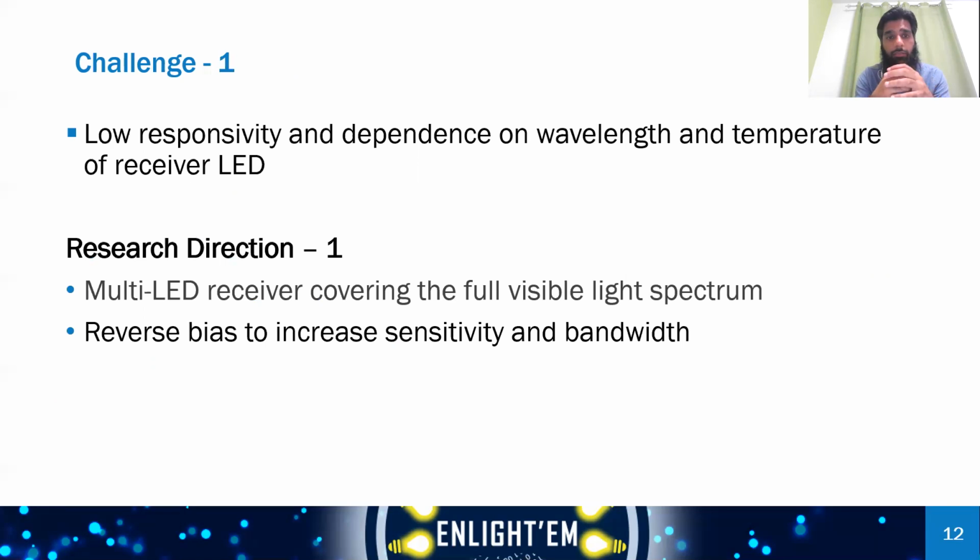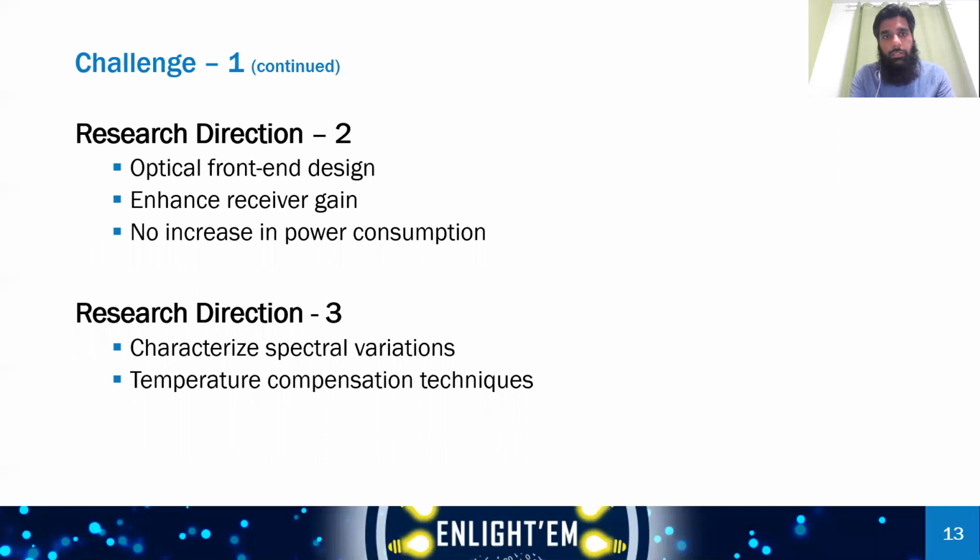And to increase the sensitivity, we can apply a reverse bias to the LED at the receiver. Another research direction is that in many designs they ignore the optical front end. If we have a proper optical front end, some lens to converge the light towards the LED, it can enhance the receiver gain without any increase in power consumption.